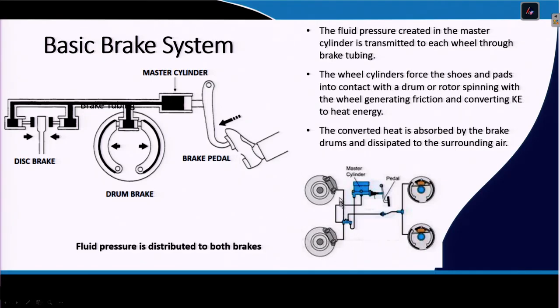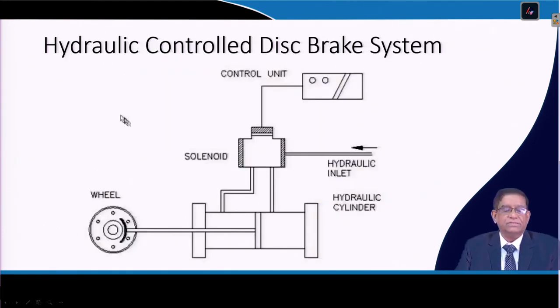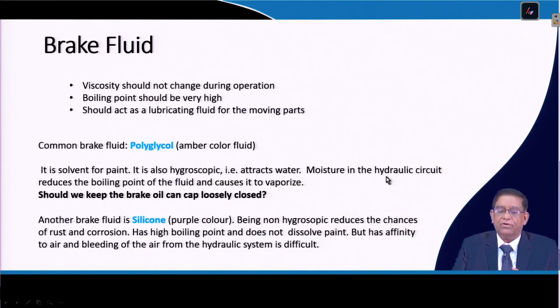Here you may have a shoe brake, there could be an internally expanding brake. These brakes are actuated by electric system or hydraulic system. In a hydraulic brake, the control operation is basically done by this hydraulic oil system.